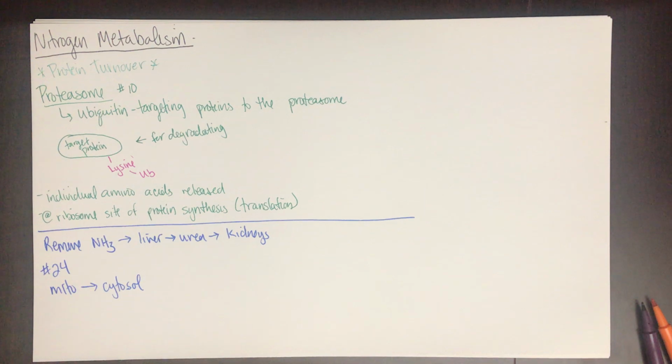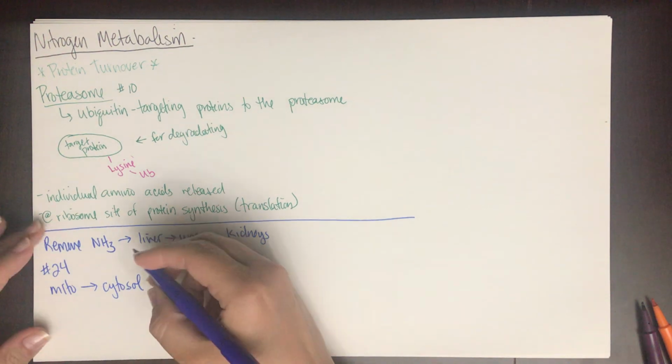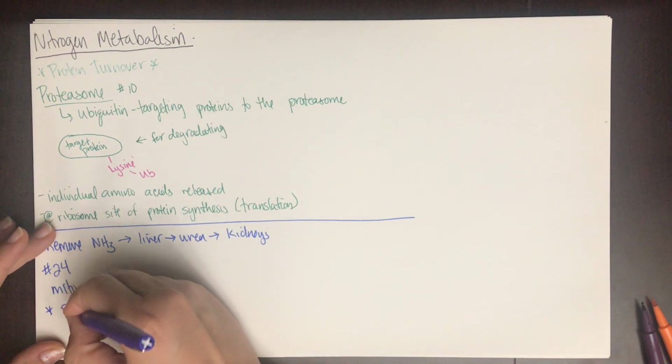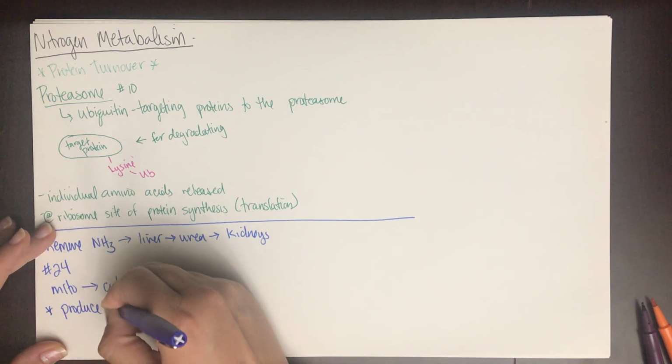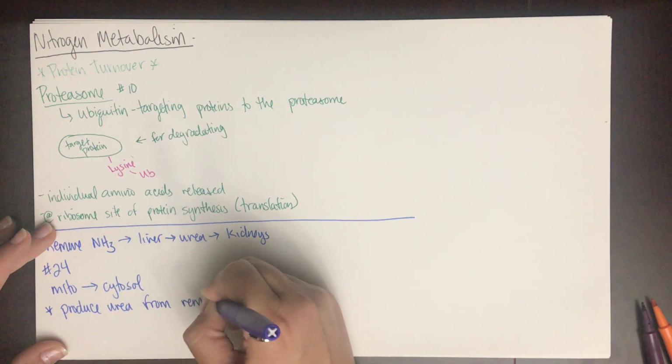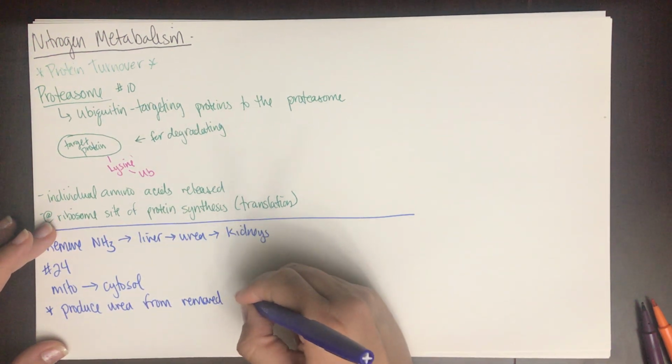We remove the whole nitrogen containing functional groups and produce urea. So that's the ultimate goal here, is to produce urea from removed amino groups.